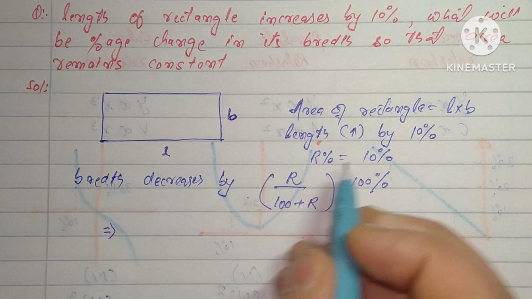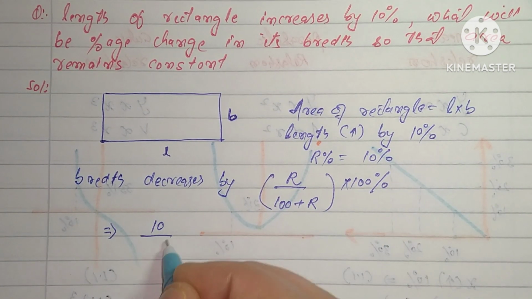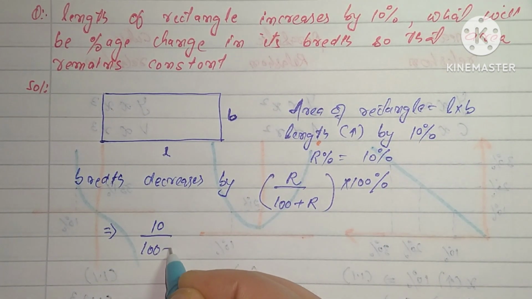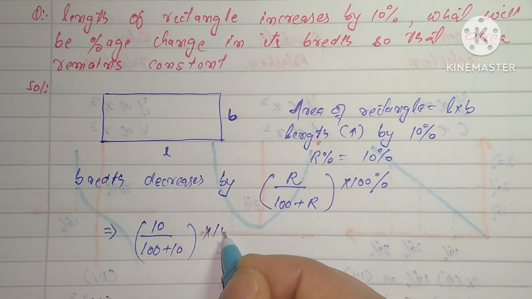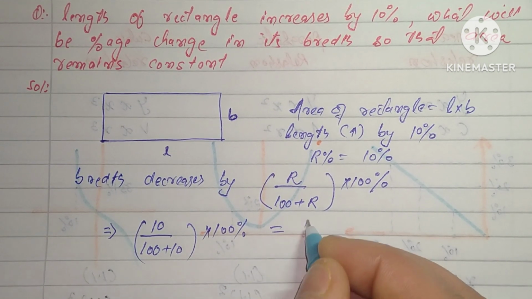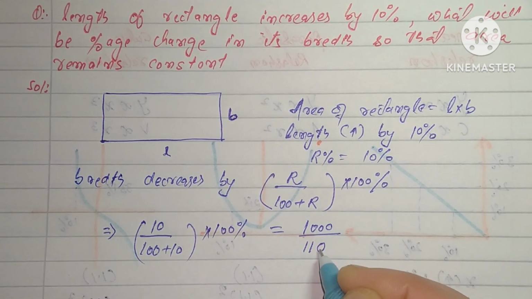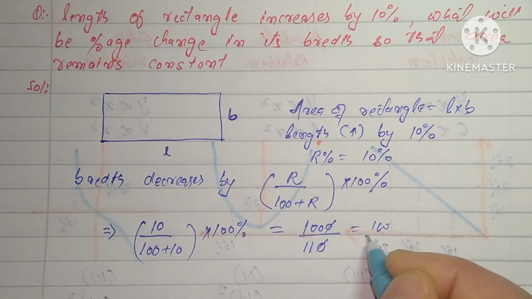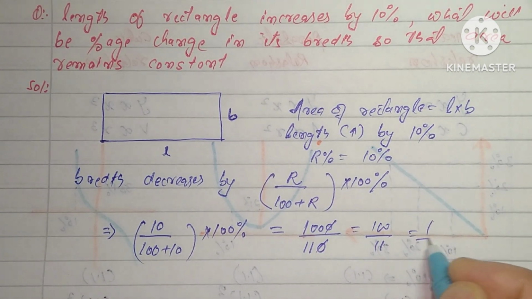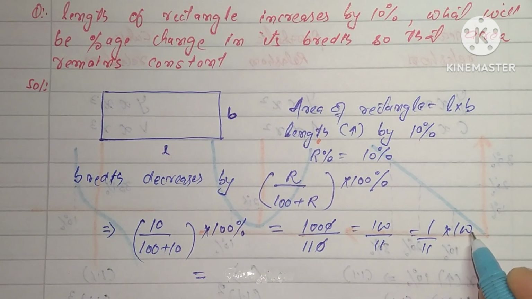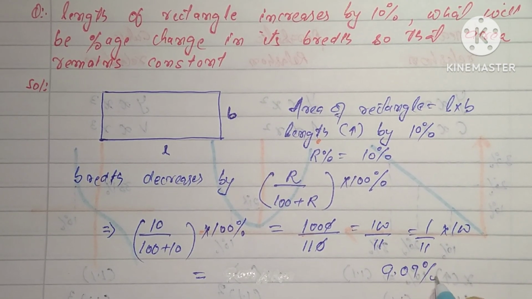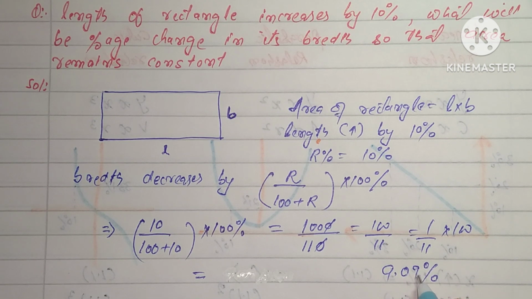Simplifying, we will get r is 10 divided by 100 plus 10 into 100%, that is 1000 divided by 110, that is 100 divided by 11, that is 1 divided by 11 into 100. 1 divided by 11 is, remember the 9/11 attack, so 1 divided by 11% is 9.09%. Therefore breadth should decrease by 9.09% so that the area will remain constant.